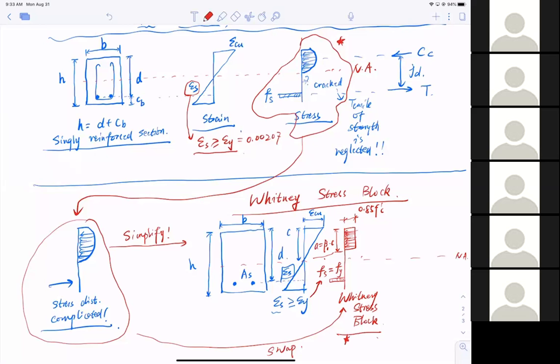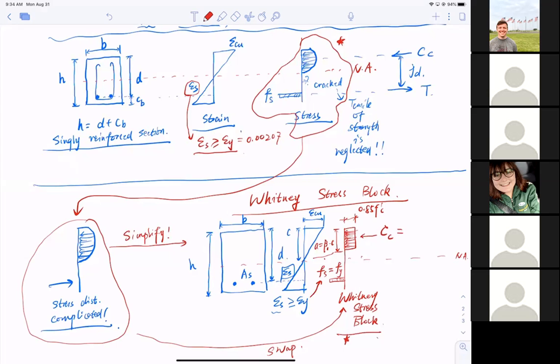So if I want to calculate the total compression force from this block, okay? If I want to calculate the total compression force for this block, it's just the area of this rectangle, right? Justin. Yep. So what will be the calculation for it?